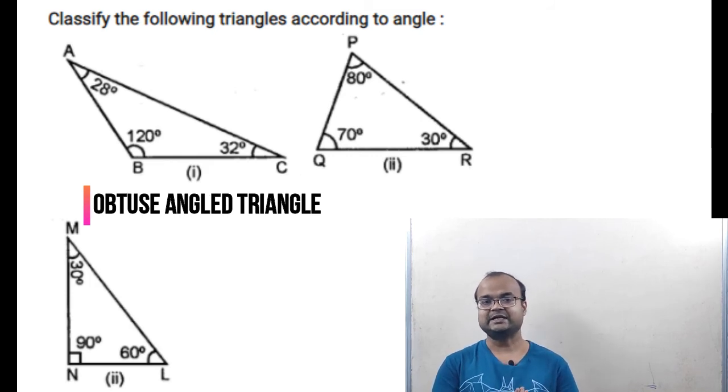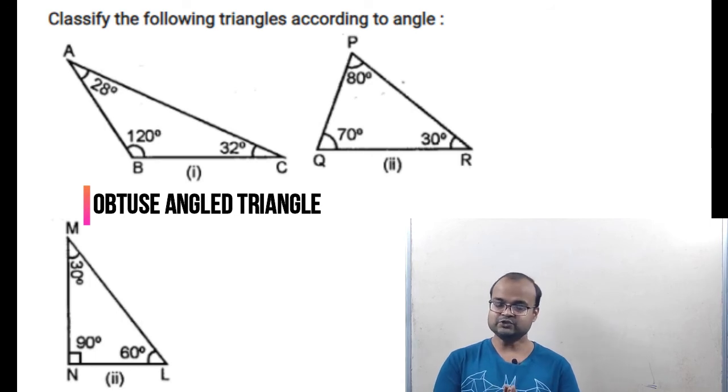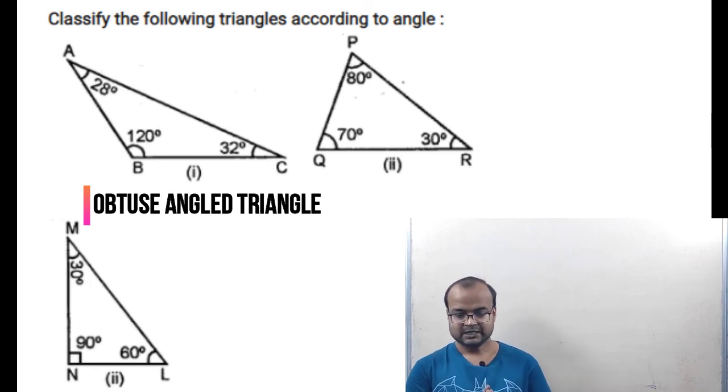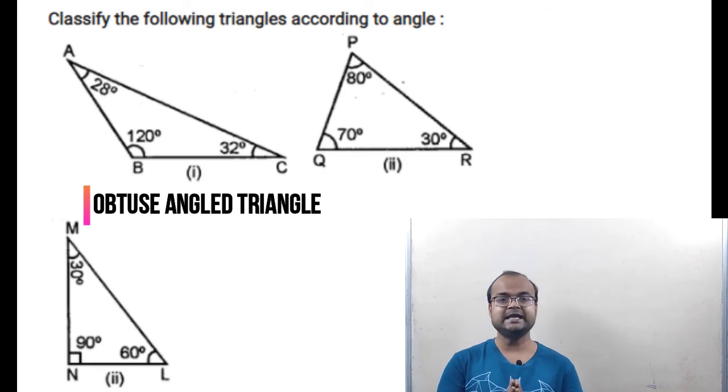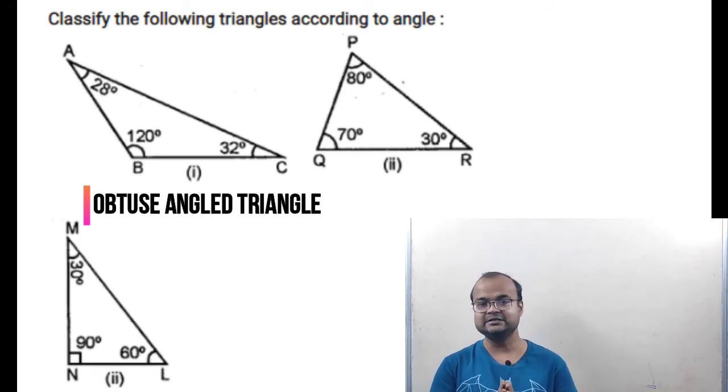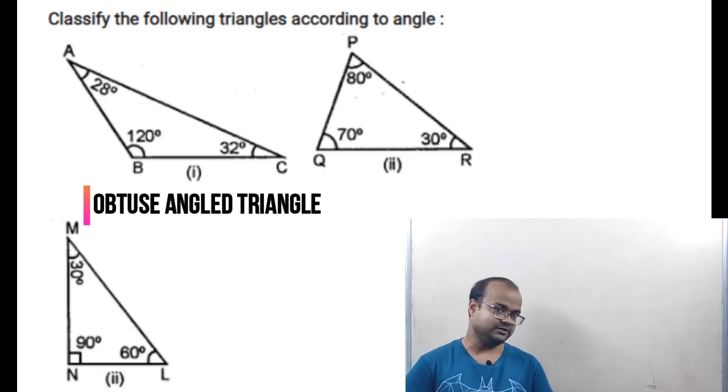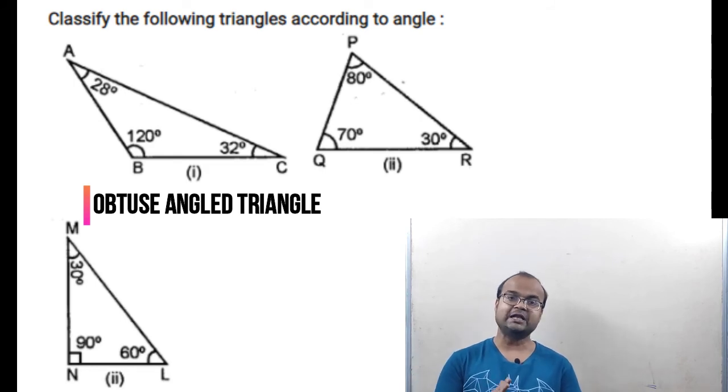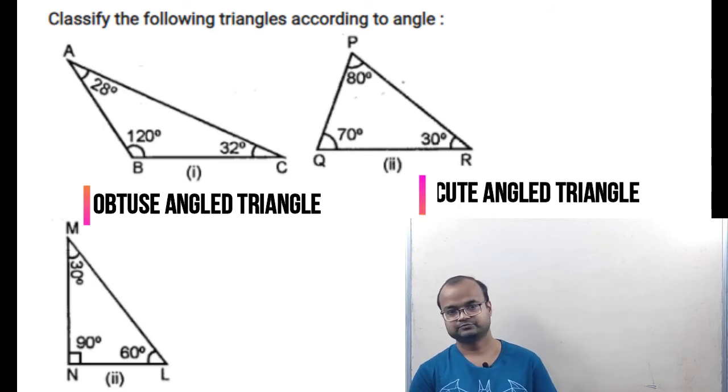So this triangle is an obtuse angle triangle. Moving to the next diagram, here all three angles are less than 90 degrees. That means all are acute angles. So this triangle is known as an acute angle triangle.